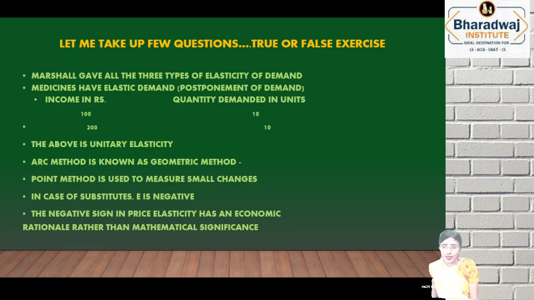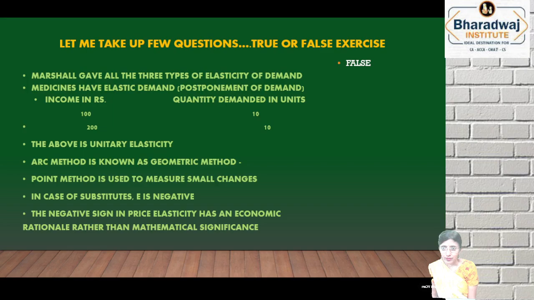Okay. First one. What do you feel is the answer? Marshall gave all the three types of elasticity of demand. Very good. False. Because he gave only price elasticity. Later on, modern economists expanded that to other factors. Okay. Medicines have elastic demand. False or true?